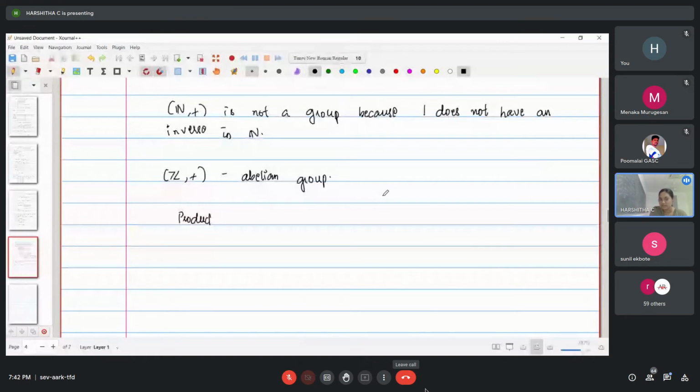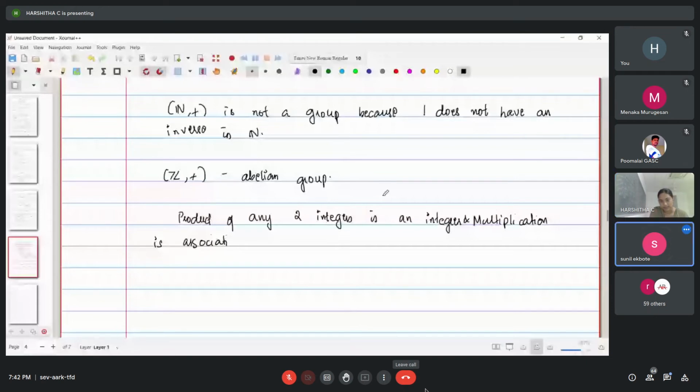It is also associative. Multiplication is associative. And distributivity also holds: a times (b plus c) is ab plus ac. So in fact, it is a ring.